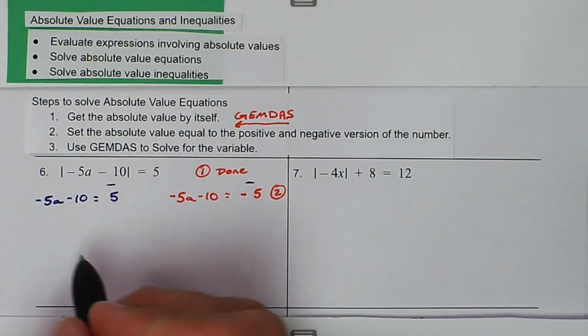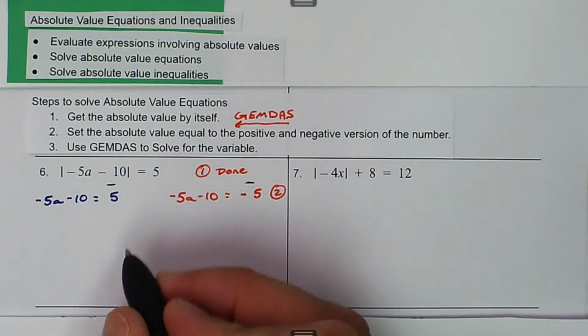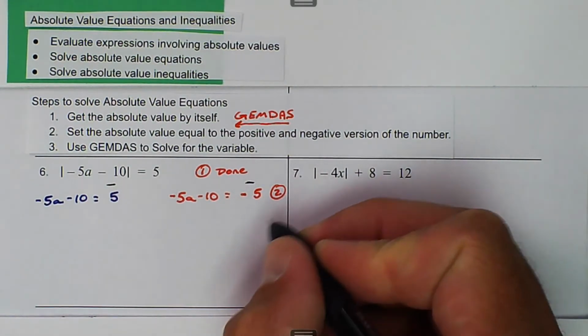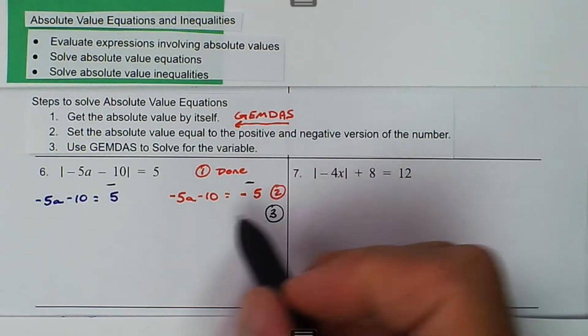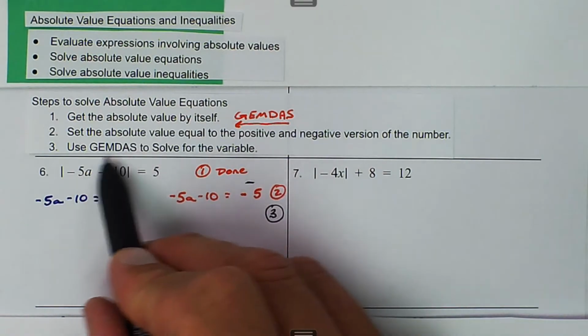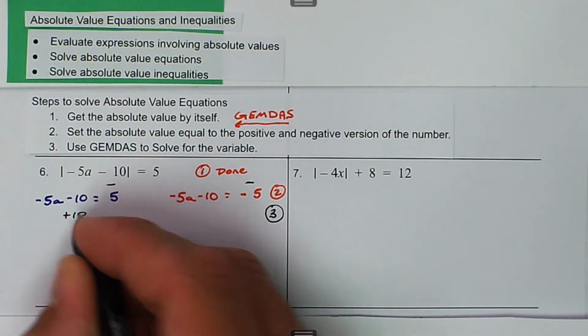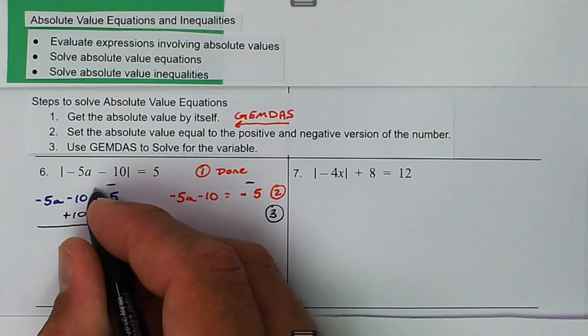Then we just have to go through and do the GEMDES again for step 3, where we go ahead and solve that. So step 3, we're going to have GEMDES. Kind of running out of room, but step 3, we're using GEMDES right here. So we're going to add 10 to all sides of the equal sign.